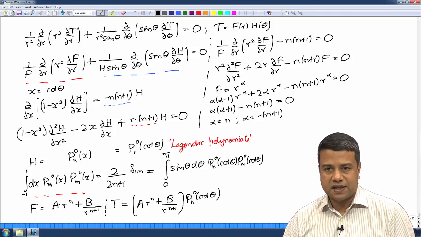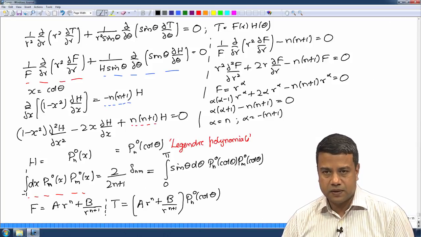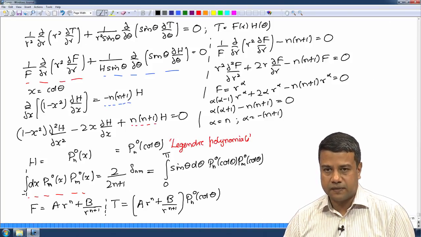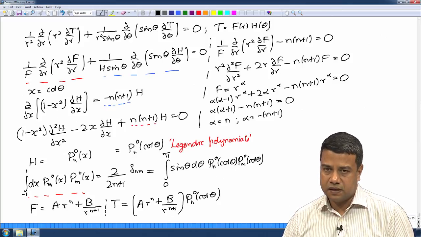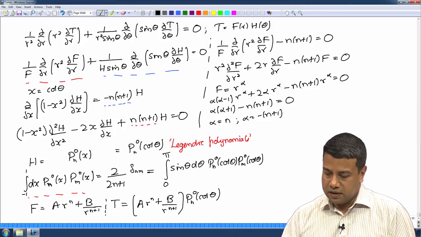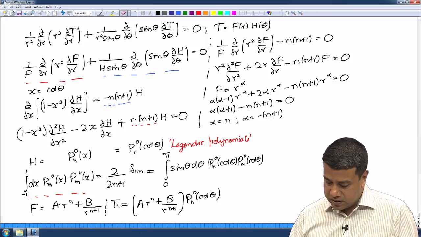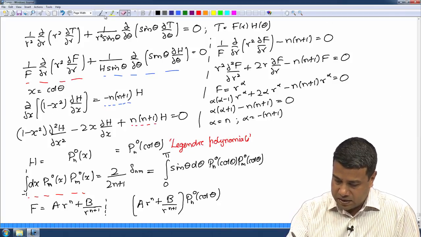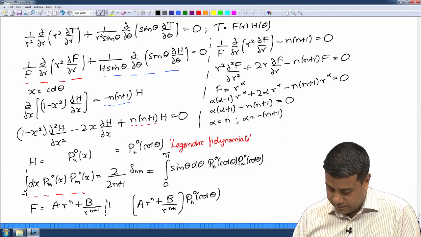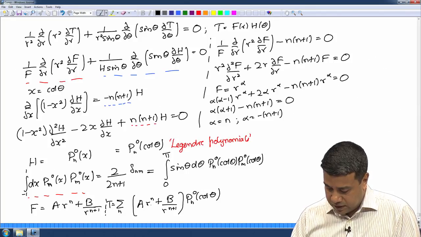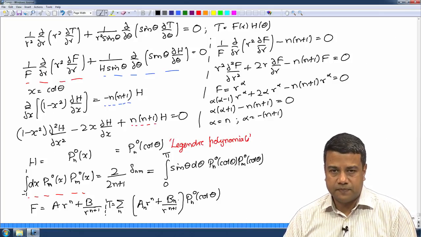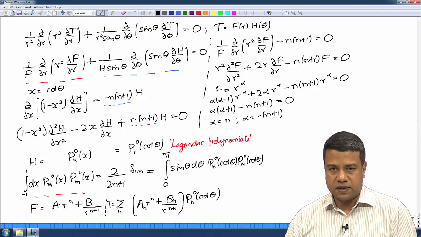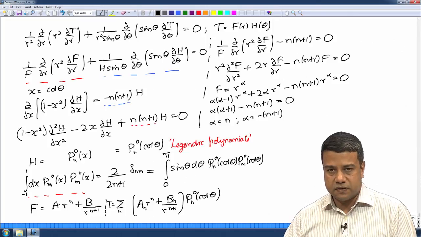This solution satisfies the differential equation for any integer value of n. It satisfies the boundary condition in the theta direction for any integer value of n. Therefore, the most general solution is a summation of these over all n of A n times r to the power n plus B n by r to the power n plus 1 times P n 0 of cos theta. This is the series of solutions.